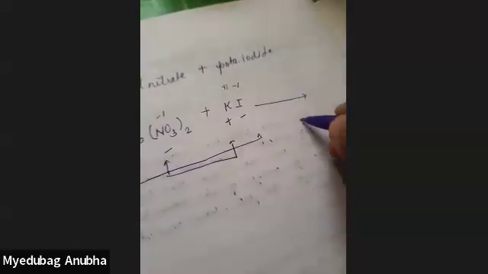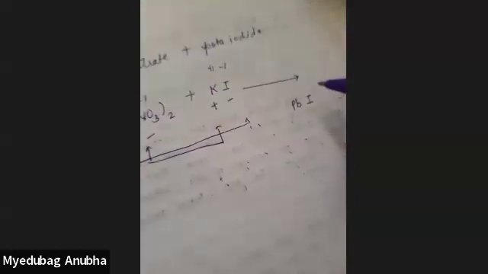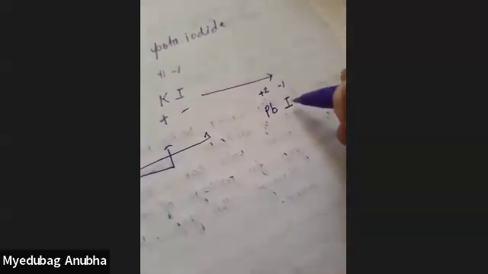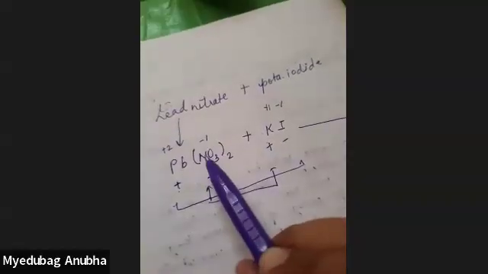So it will be PbI, but the valency of lead is +2 and iodide is -1, so it will become PbI2. And this positive will form the bond with this negative, so it will be your KNO3. Checking the formula, the potassium has the positive one valency, nitrate has a negative one, so the formula remains the same.